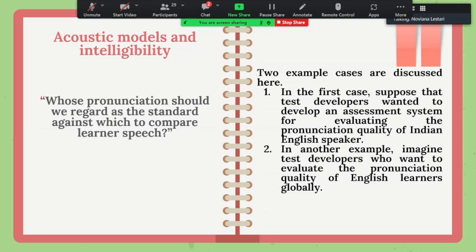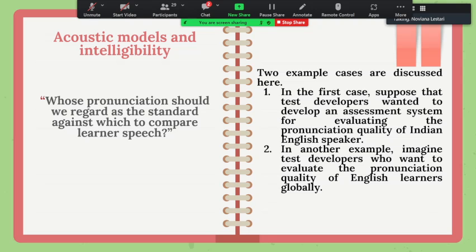Fortunately, in the context of automated evaluation, this issue can at least partially be overcome by developing the most appropriate acoustic model from the speech of a pool of reference speakers, who have been judged by many listeners as having the desired speech characteristics. Two example cases are discussed here.